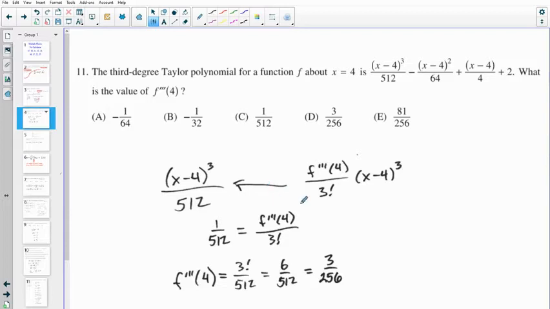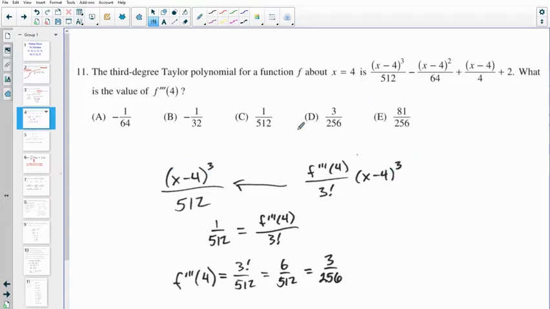The technique that I use for something like this is to recognize that these terms of the Taylor polynomial, this is the general form. The third power term is the third derivative at the point where it's centered, f triple prime of a over 3 factorial times x minus a to the third power.